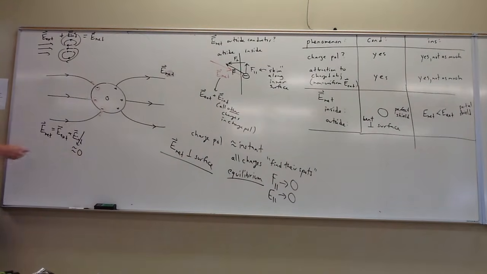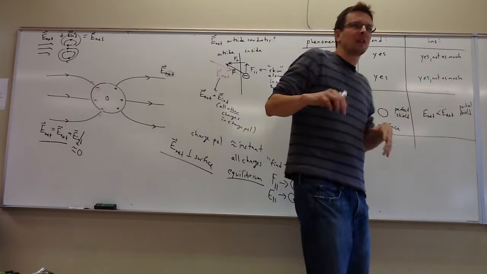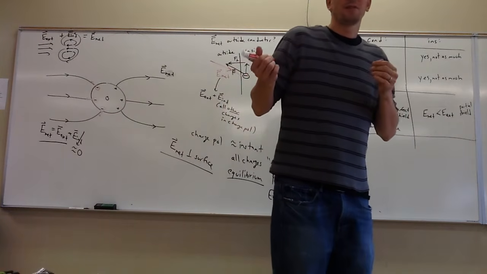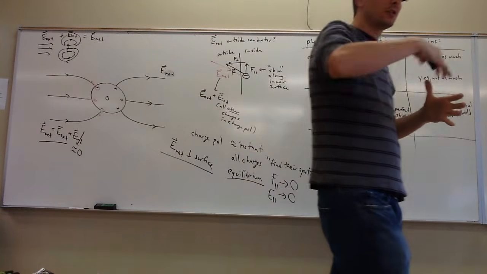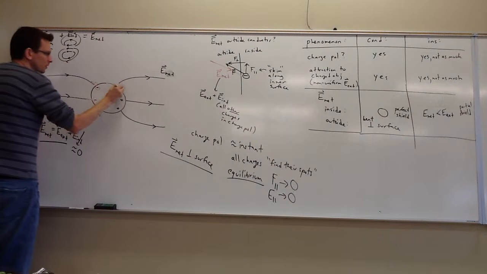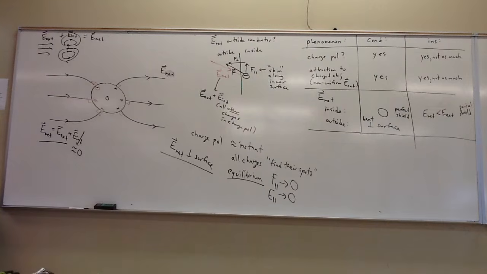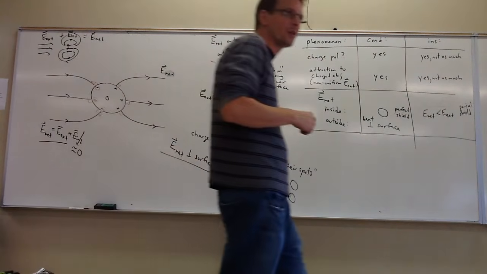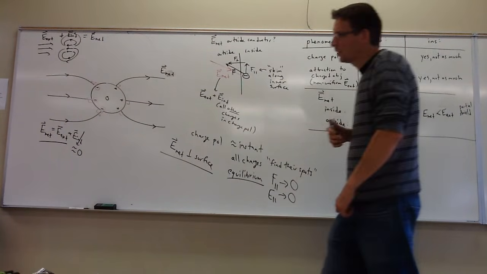So out here, they're basically the same thing. So again, when you're far away, E external basically dominates. When you get closer, E induced bends the net field perpendicular to the surface. These are all perpendicular. And then in the interior, E induced shields the interior from E external. Okay?